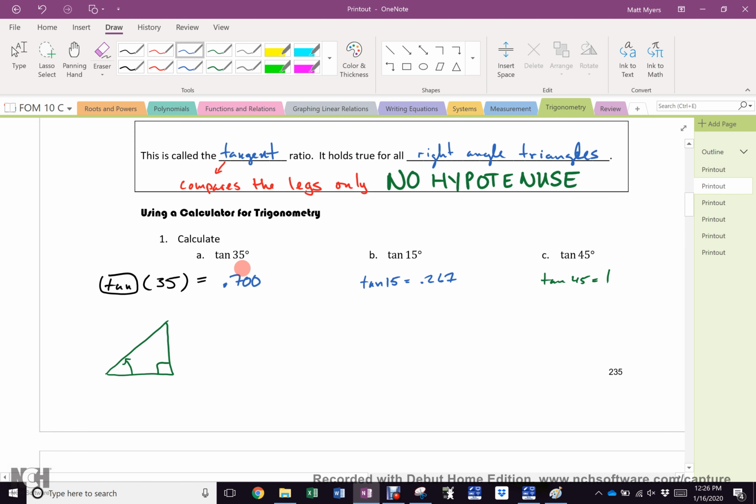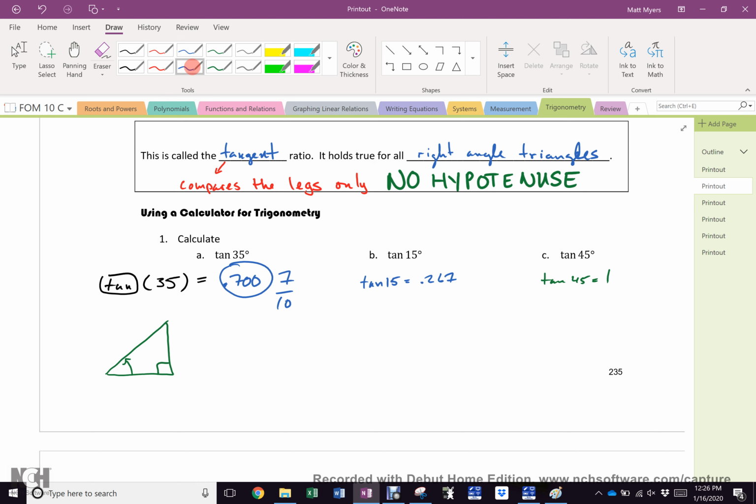Now, what is this as a fraction? It should not take this long for grade 10s to tell me what 0.700 is as a fraction. 7/10. Excellent. Now, where would that 7 go on this triangle?